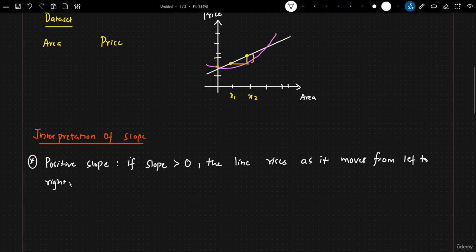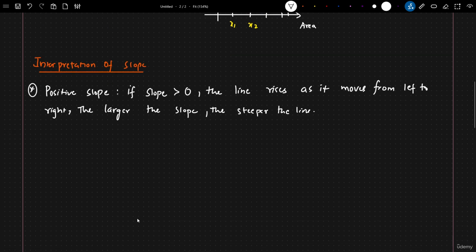So if the line is moving from left to right, once we calculate the slope, the value will be greater than 0. Here I can also write one condition: the larger the slope, the steeper the line. This is a very important property with respect to positive slope.